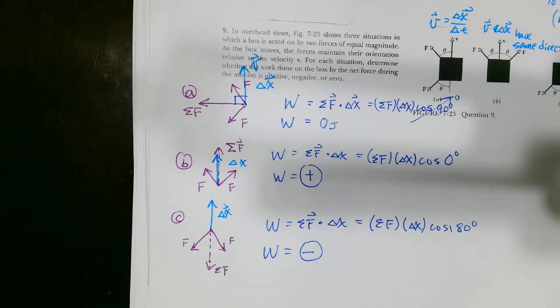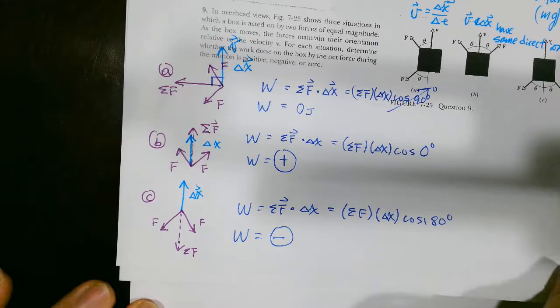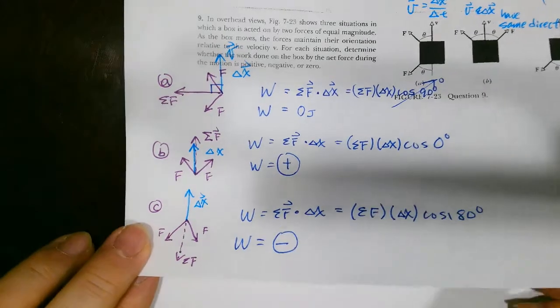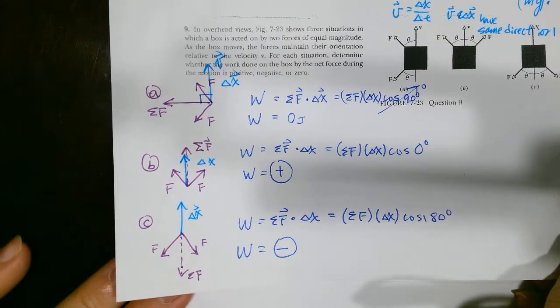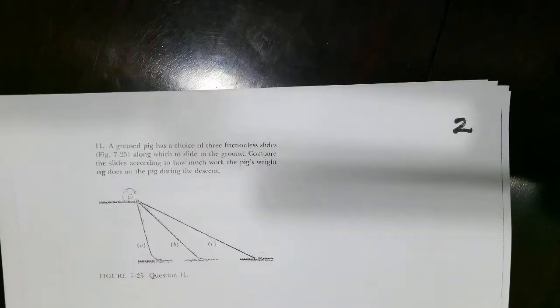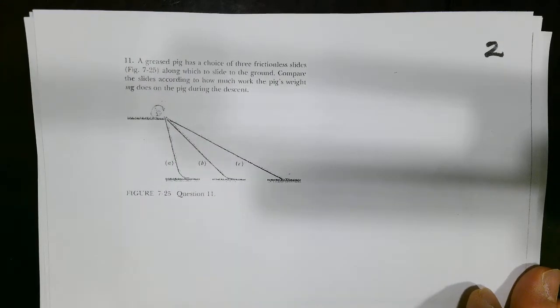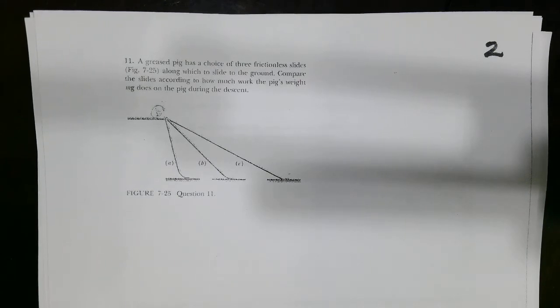All right. Any questions so far? All right. Now let's take a look at the next question. A greased pig has a choice of 3 frictionless slides.